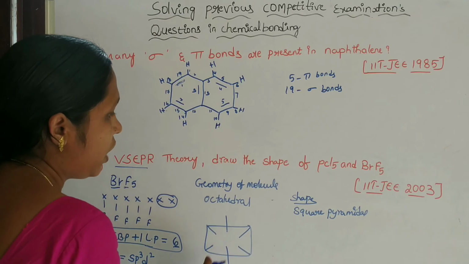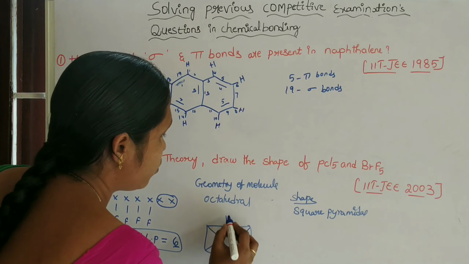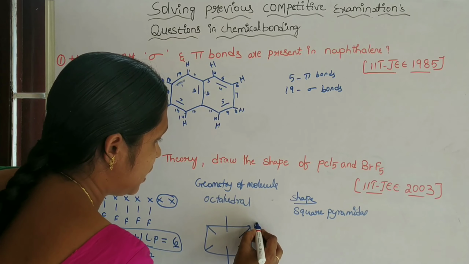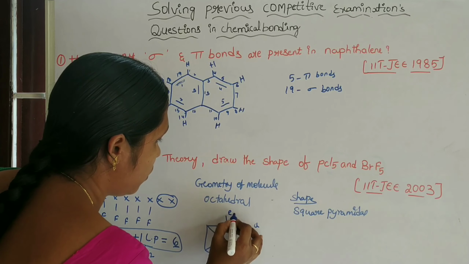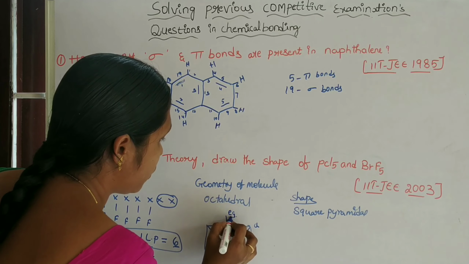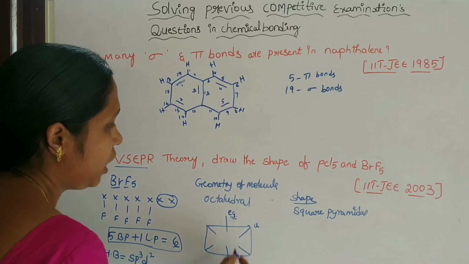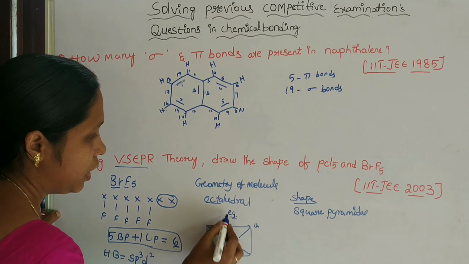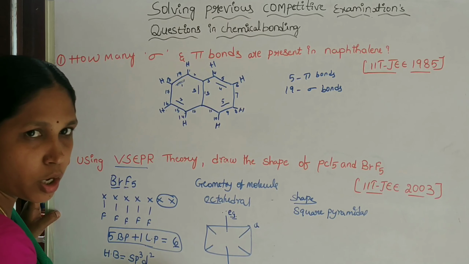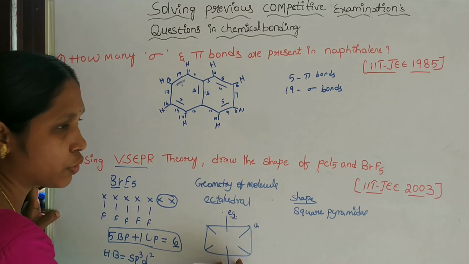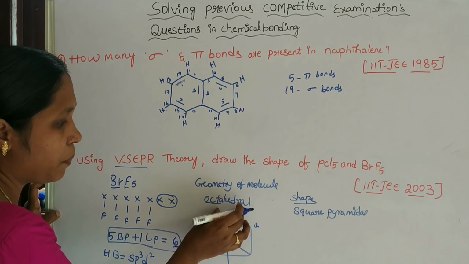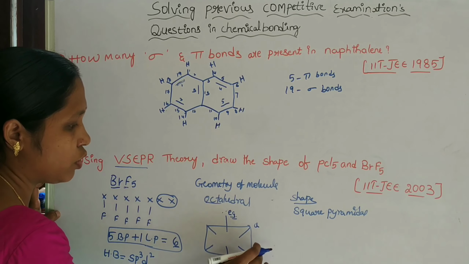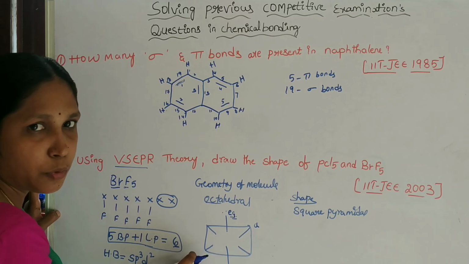Here, in the octahedral shape, some positions are called axial positions and others are called equatorial positions. The lone pair of electrons occupies the equatorial position first, and after that the axial position.